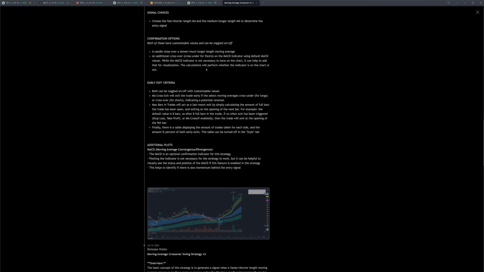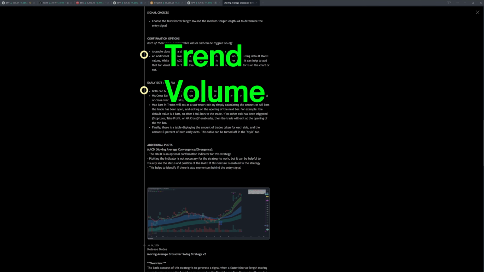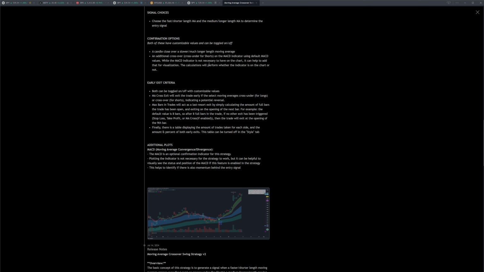And I actually go through and explain the formulas and all that stuff here too. And then your confirmation options, again, I'm looking at trend, volume, and momentum, right? So with the volume, I'm not going to be able to get that in TradingView, or at least I haven't coded that into this strategy. That's just something you've got to look at on a per trade basis.